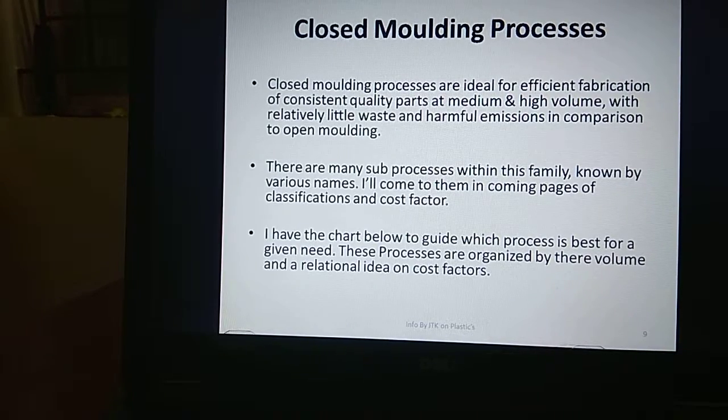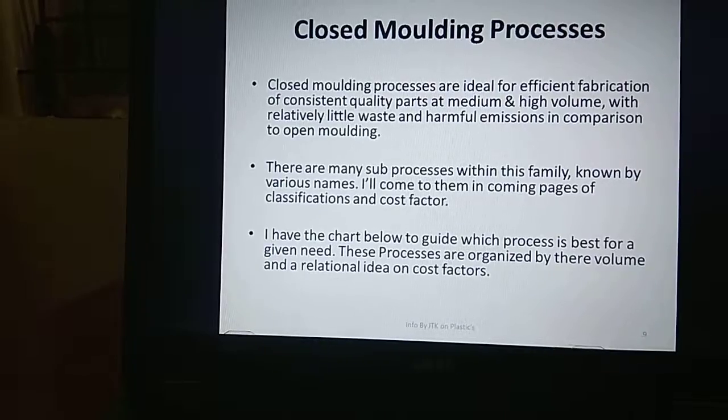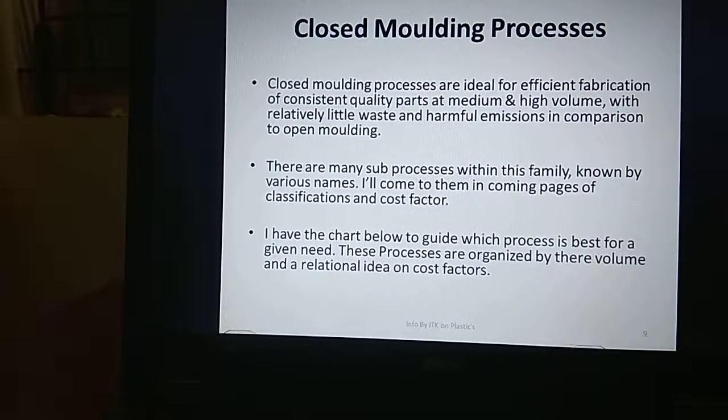Classification and cost factors. I will also show you a chart, which will give a thumb rule in terms of volumes and cost factors. Each of these processes can be looked at, and this is just a guideline and nothing hard and fast.